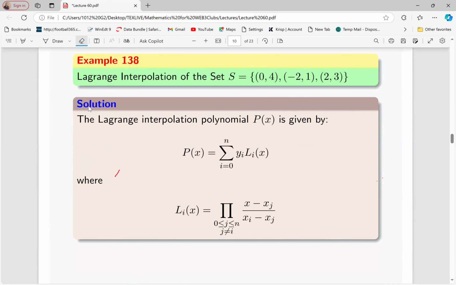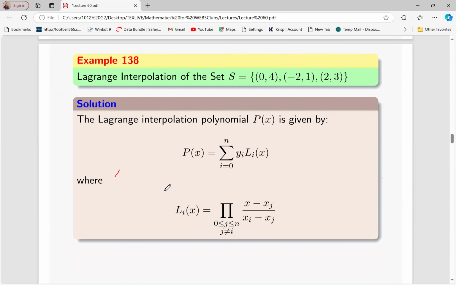And of course, look at this formula. I've used n, but how many points do you have? 1, 2, 3. So our n, therefore, is 2. So instead of this, it's supposed to be this: the summation of i equals 0 to 2 of yi Li(x).